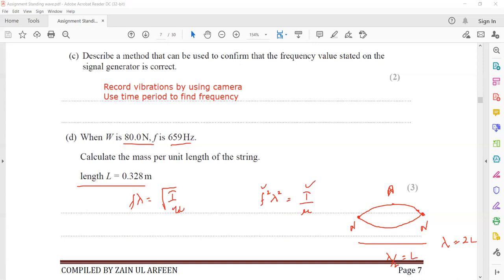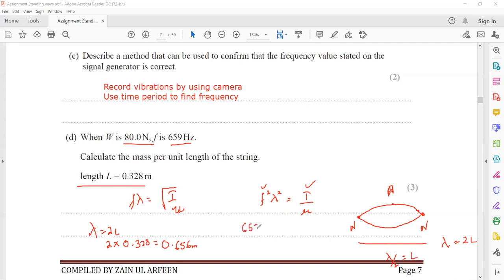First we can find lambda, which is 2 multiplied by the value of L given in the question, 0.328. So 2 multiplied by 0.328 is equal to 0.656 meter.